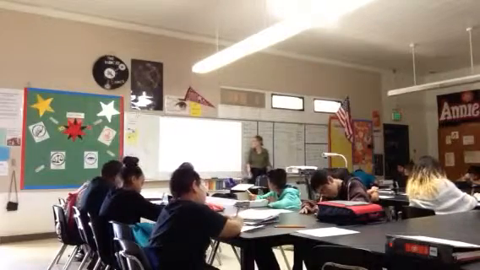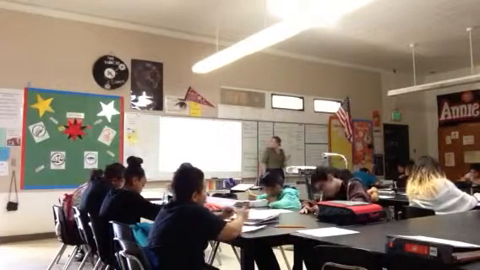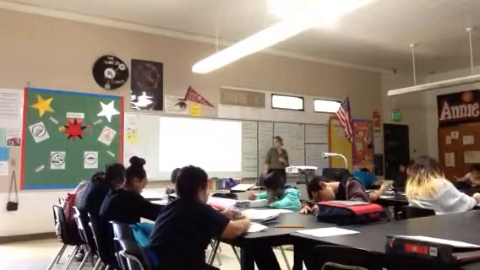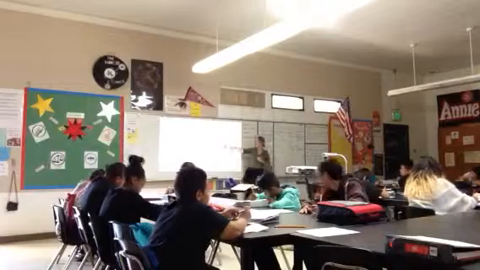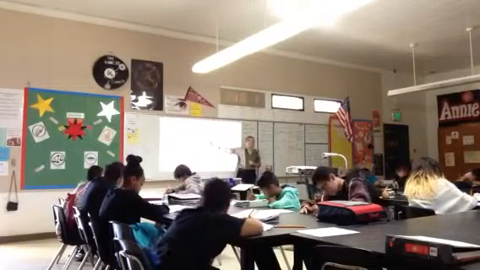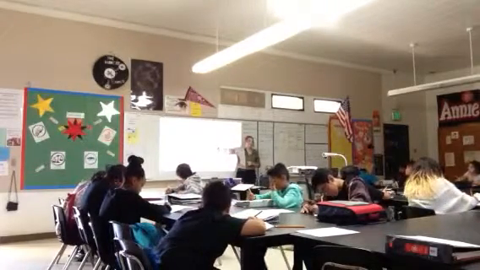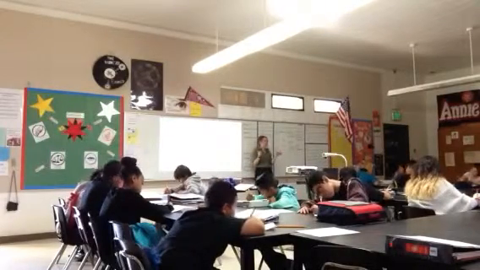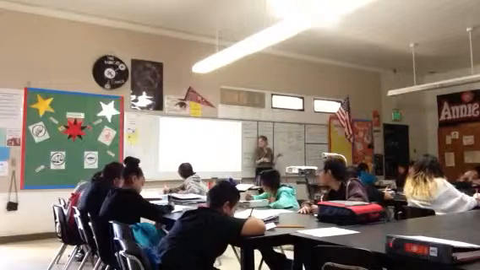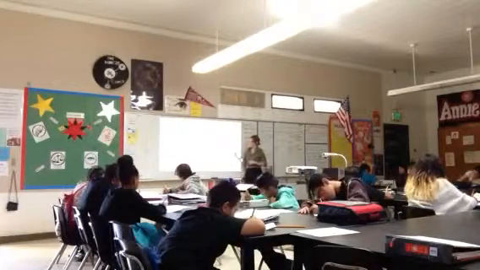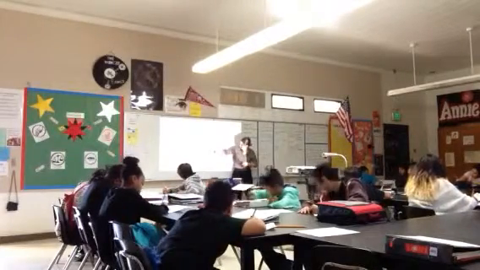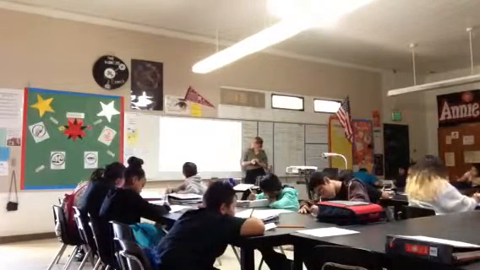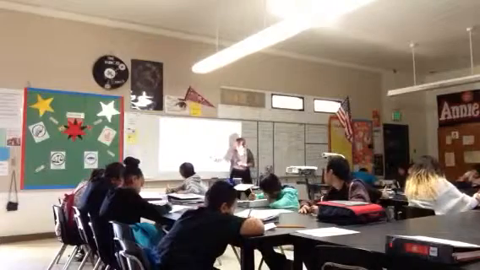A compound sentence is two independent clauses joined by a comma and a conjunction or a semicolon. So you're going to have two Batman clauses or independent clauses. So it's almost going to look like you have two sentences with a comma and a conjunction. For those of you who don't know what a conjunction is, that's words like and, but, or, and see here's the comma.